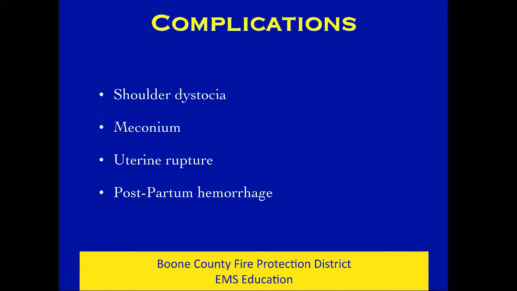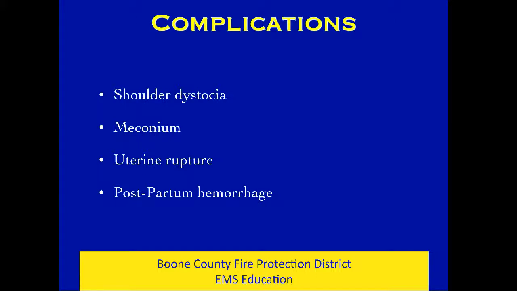Meconium, which is fecal matter, it's stool, it's bowel movement, its baby had a bowel movement while still in the uterus. That indicates the baby was stressed. That is an icky, sticky substance that can get on the baby and can get in the baby's airway, but doesn't always. Just because it's on the baby's head or face doesn't mean it's also in their airway. If it's in their airway, it's difficult to suction. It can cause them some respiratory distress.